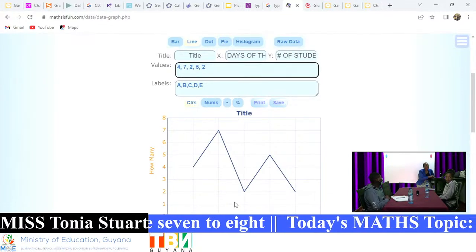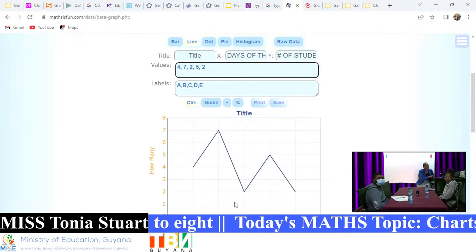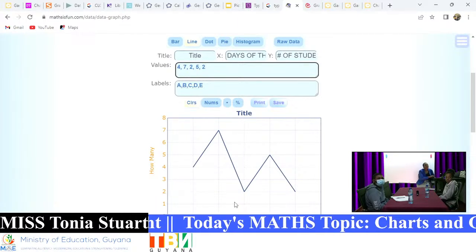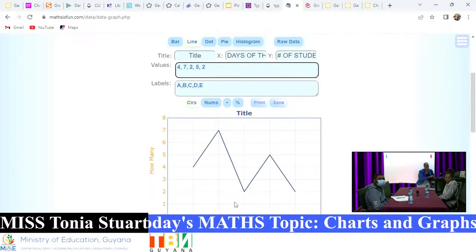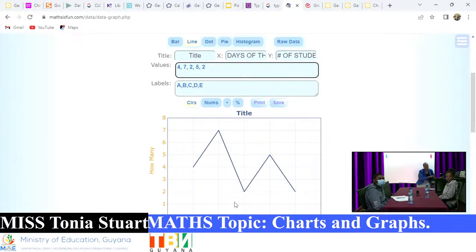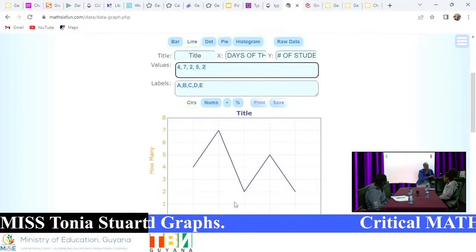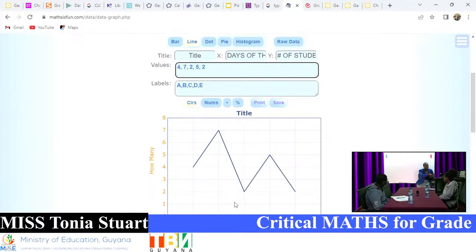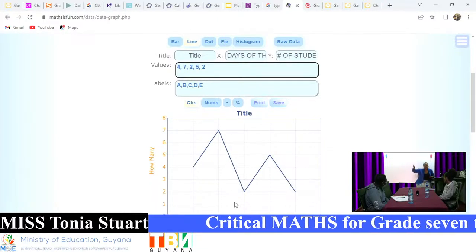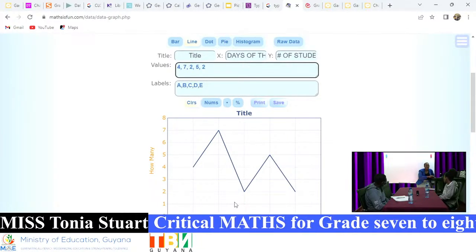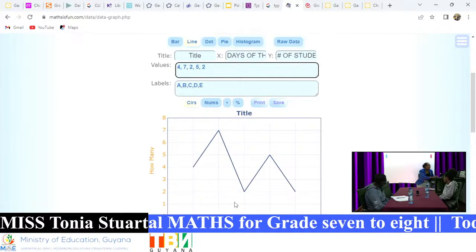Some of them came out on Thursday, and then on Friday, maybe they had Portuguese again, so they stayed home again. So it had an up and down pattern, or a fluctuation, where it went up and down, up and down. Let's look at it this way.